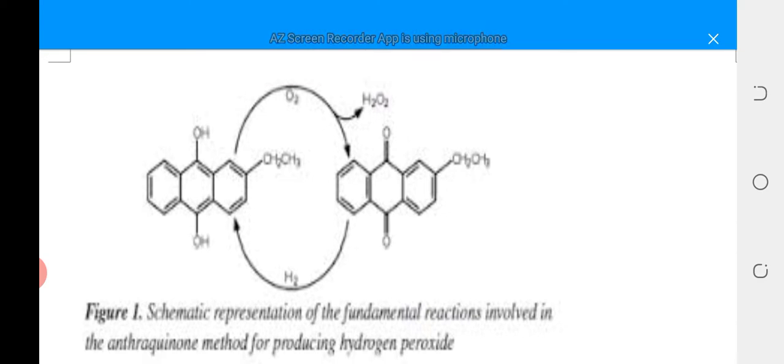So this anthracene-9,10-dione will now be hydrogenated to form the diol. This diol reacting with more oxygen will lead to the release of hydrogen peroxide, as you can see in this cycle here. Coming from the right hand side, you have the anthracene-9,10-dione.